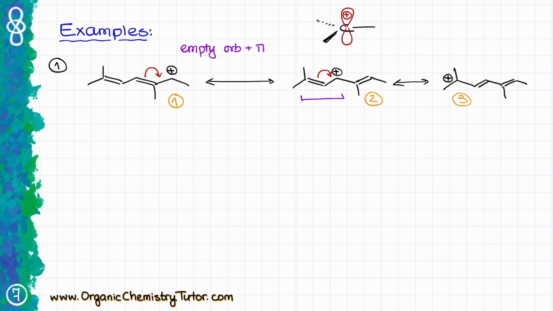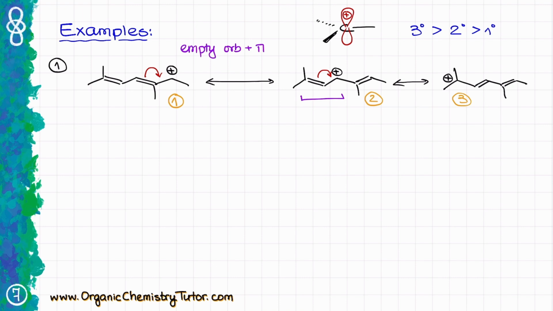So, when it comes to the stability of carbocations, the tertiary carbocation and the tertiary contributor, because of that, is going to be more stable than the secondary contributor, which is going to be more stable than the primary contributor.